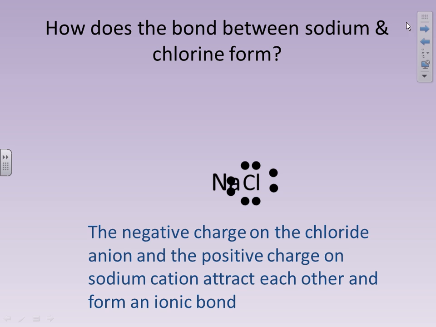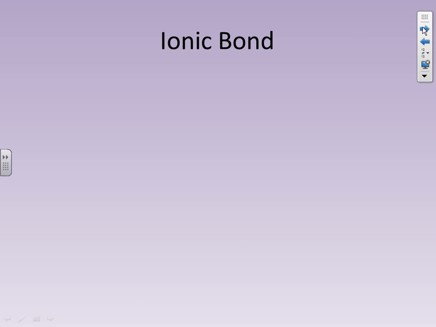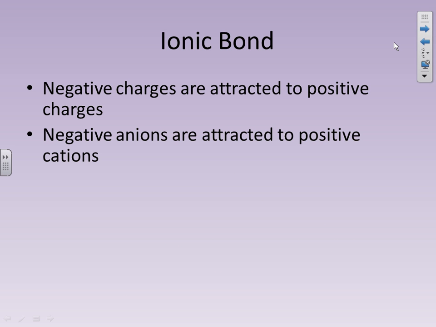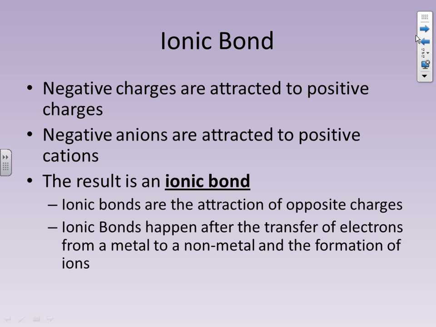Let's finish this off. Negative charges are attracted to positive charges. We know that from the last unit. And that means that negative anions are attracted to positive cations. The result of that is an ionic bond. Ionic bonds are the attraction of opposite charges.